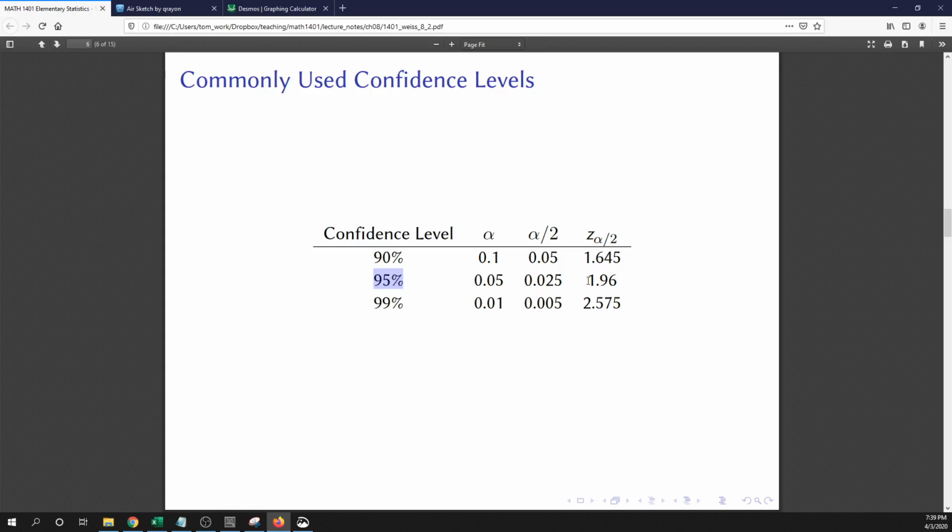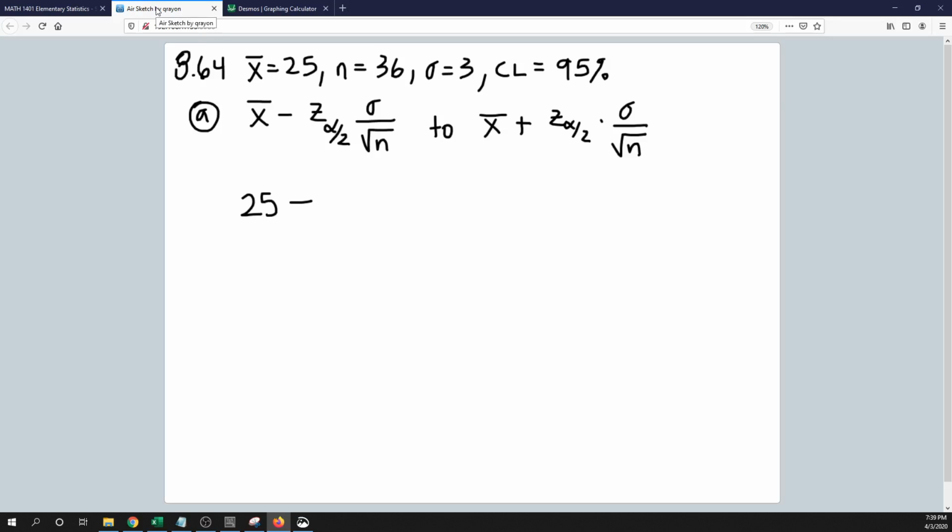And so that corresponds, if you make that calculation out like I've showed before how to do it, you'll come out with 1.96, right, for z of alpha over 2. So that's what goes here, 1.96. Sigma we're given is 3. And n is 36. That's the sample size.